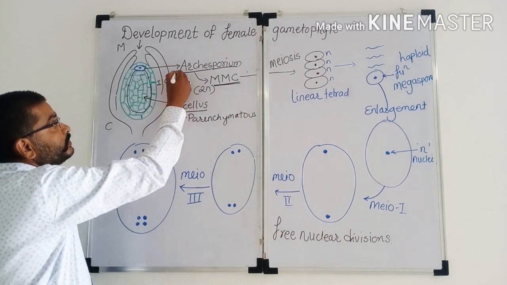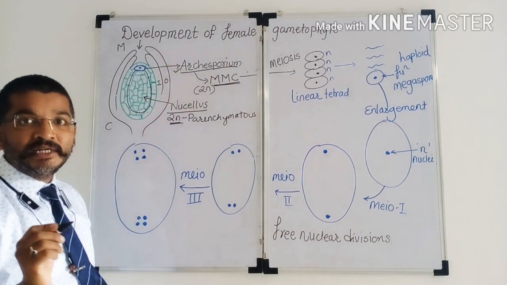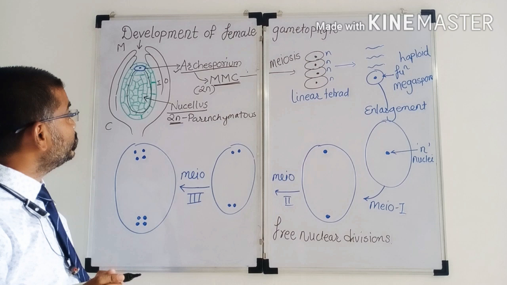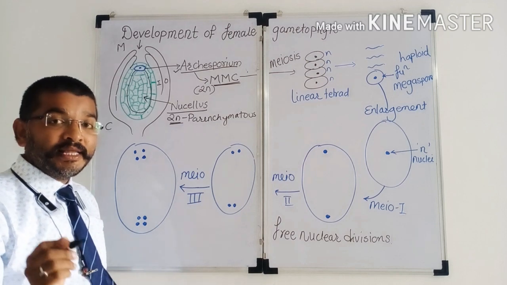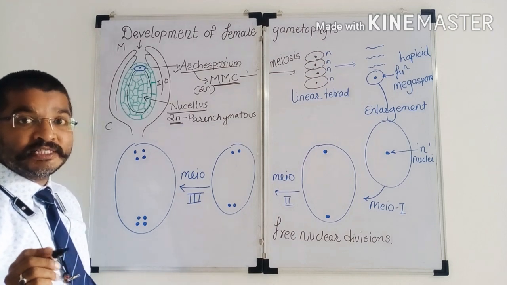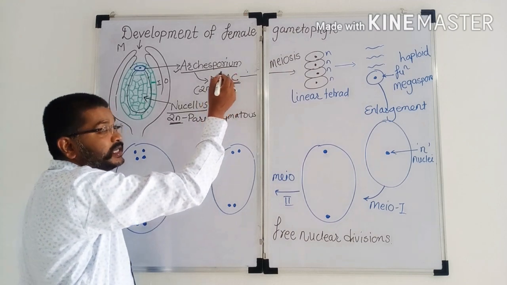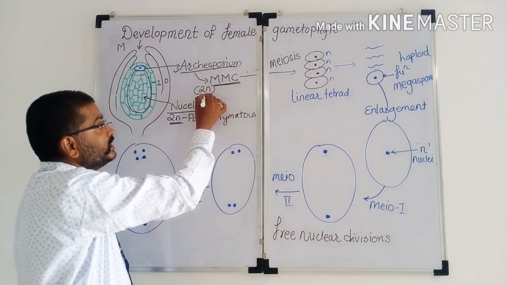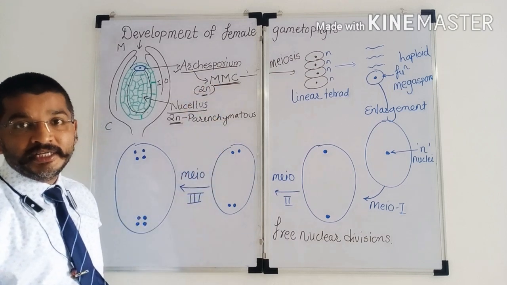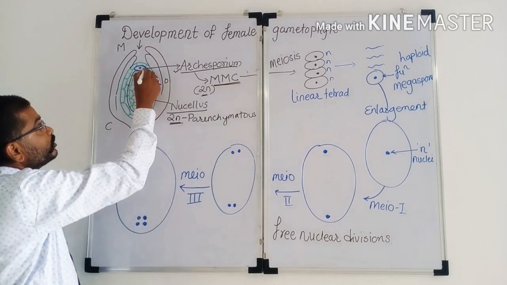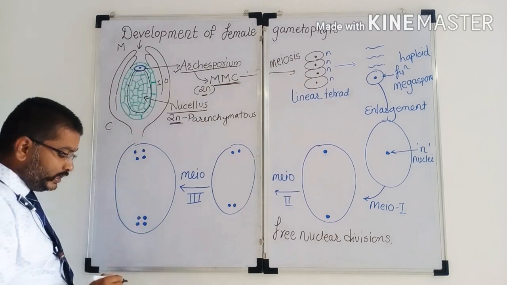Therefore, the archesporium, the one cell from the hypodermal region of the nucellus, is also diploid, and that one archesporial cell becomes the megaspore mother cell. Therefore, this megaspore mother cell is also diploid in nature.